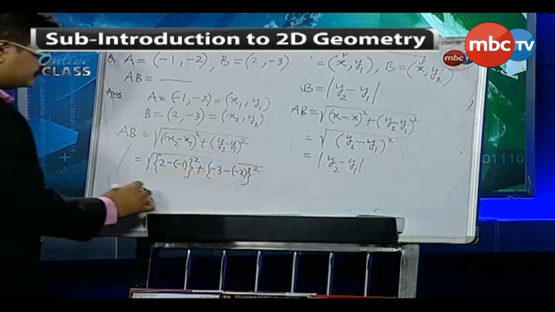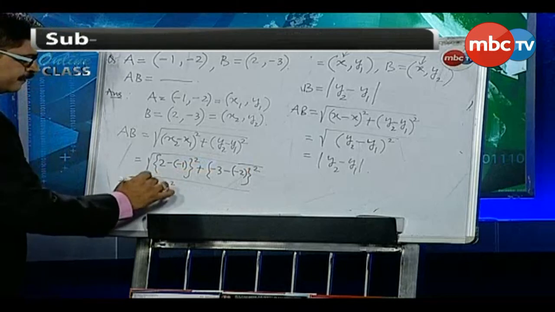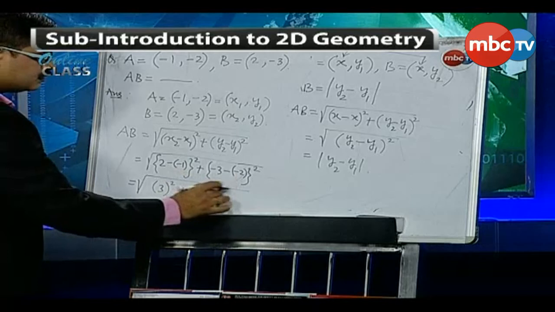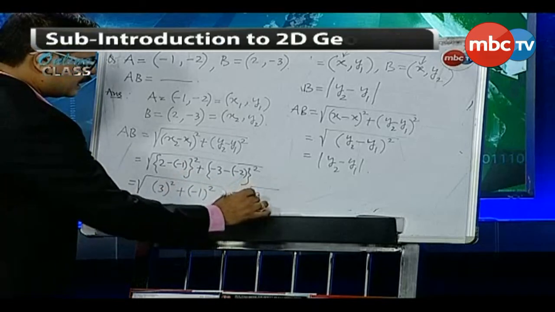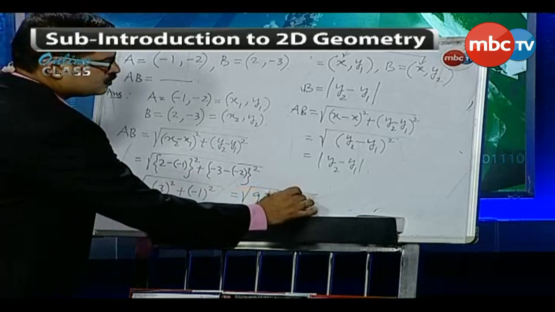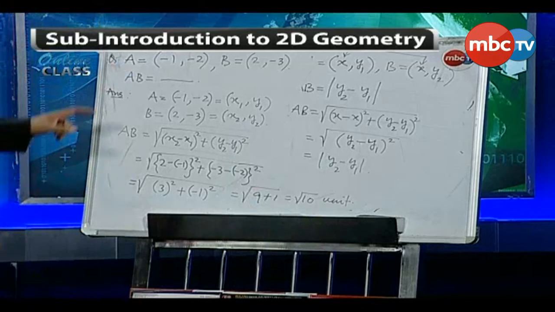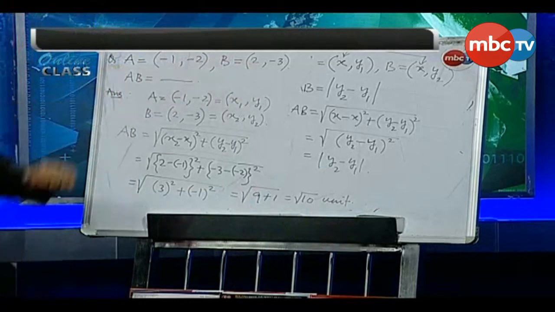So what you will get? That's square root of 3 square plus, this is minus 3 plus 2 means minus 1, square. That means you will be getting square root of 9 plus 1, that's square root 10 units. So this is the distance between 2 points, and this point is in the third quadrant, this point is in the fourth quadrant.